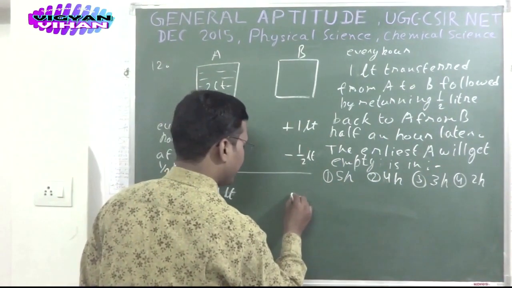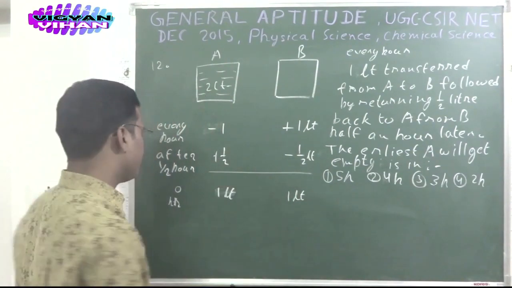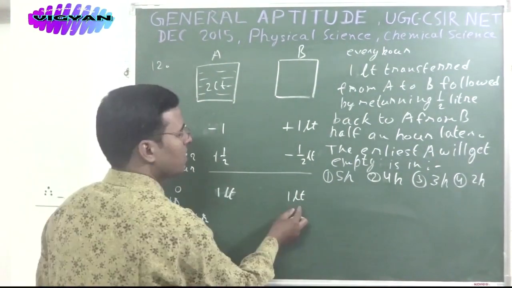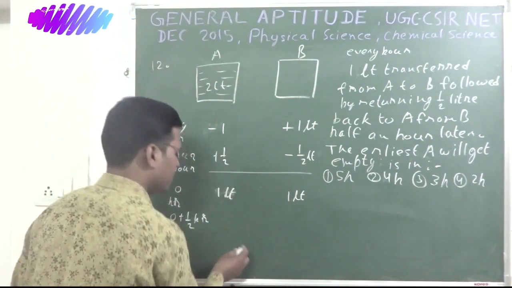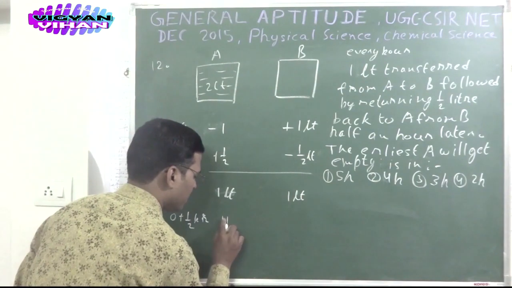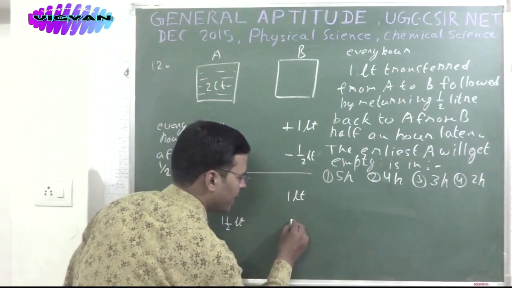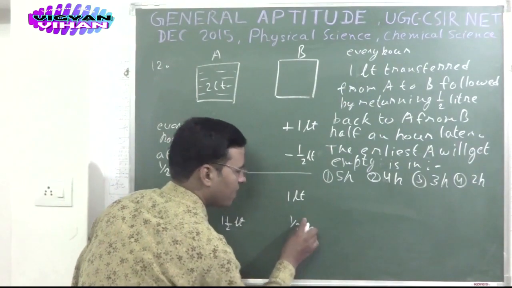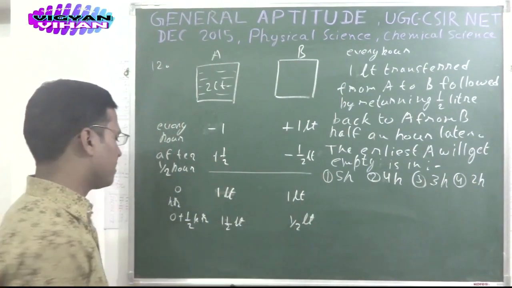In B, at that time there is 1 liter of additional water. After half hour, half liter of water is returned back to A. Then 1 plus half liter of water is in A. Then here in container B, remaining water is half liter.